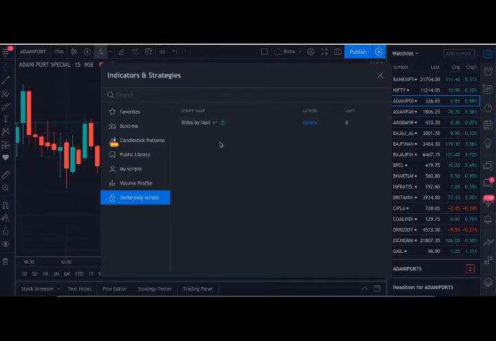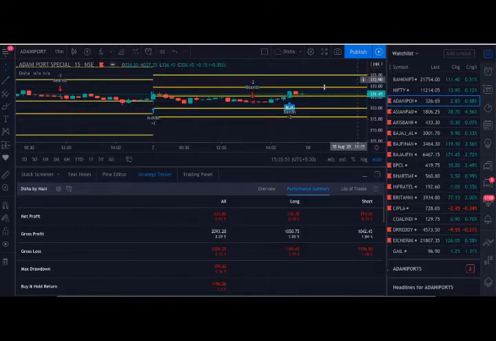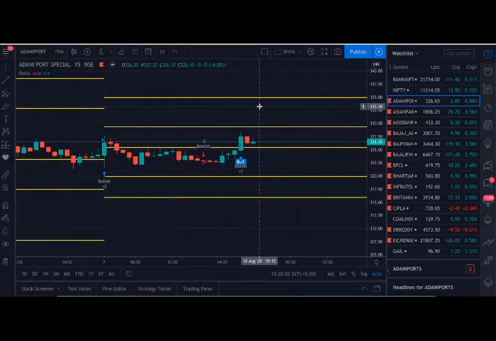If you have been given access, the Disha indicator will be shown here. Just click here and also mark this star so that it will be reflected in your favorite indicators. Then close this. Okay, you have got the Disha indicator on. Just minimize this. That's it. The indicator was added to your charting platform.